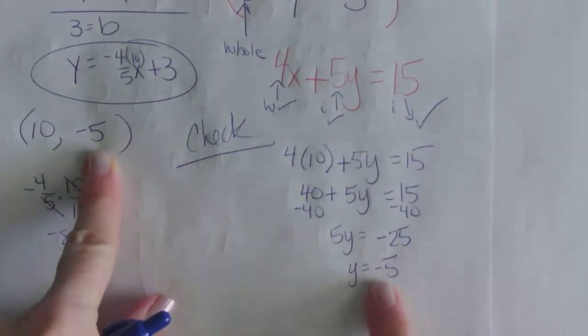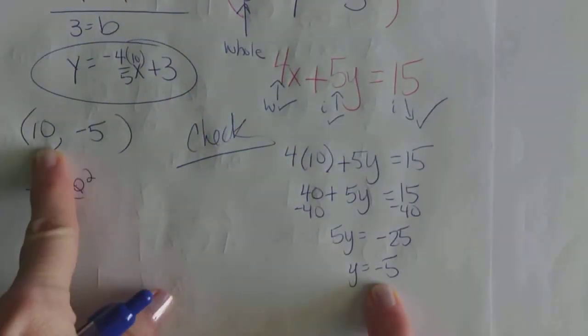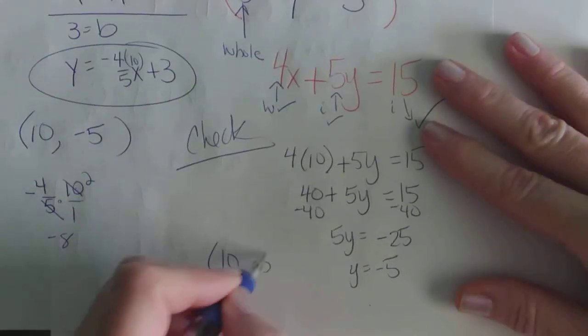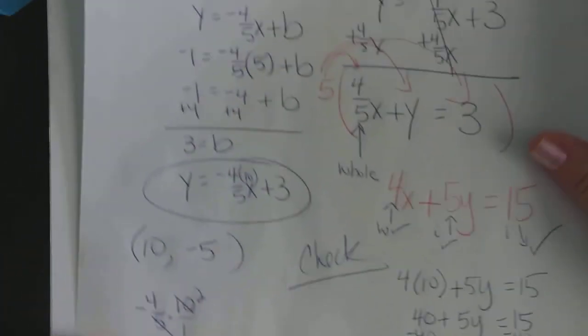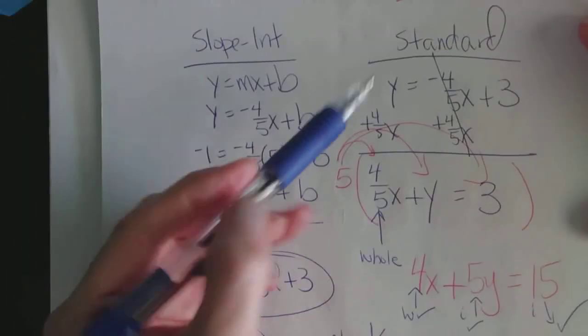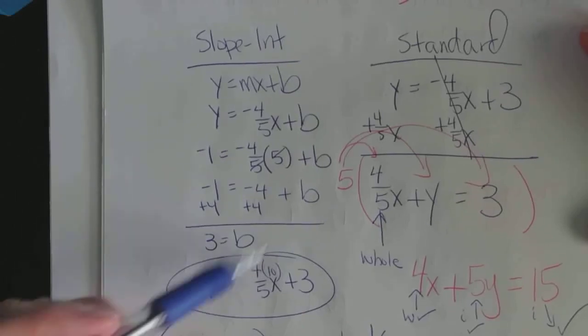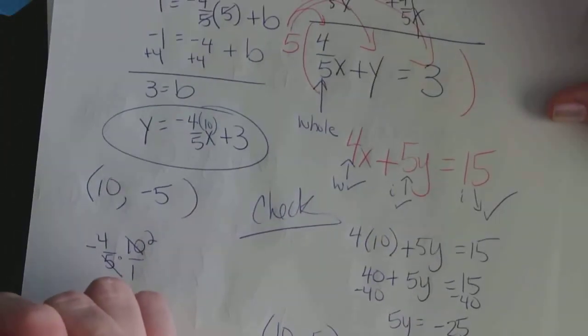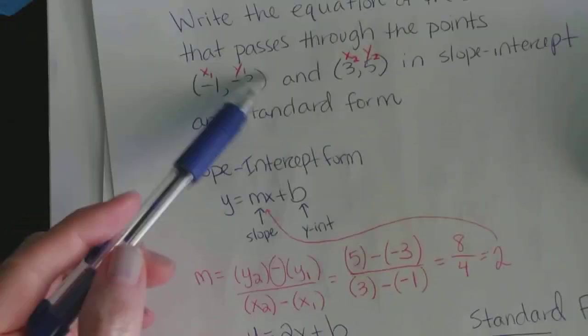Divide both sides by 5, and y is also negative 5. See how the y's match when x is 10? So this line would also have the point (10, -5). So you're just translating. It's like translating one language to another, like English to Spanish. You just translated slope-intercept form into a different form, which we call standard.